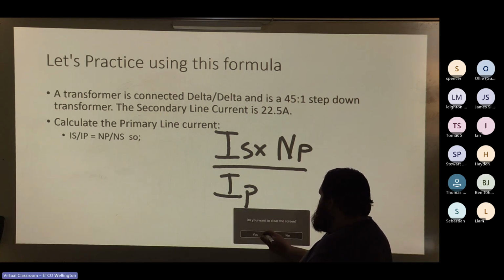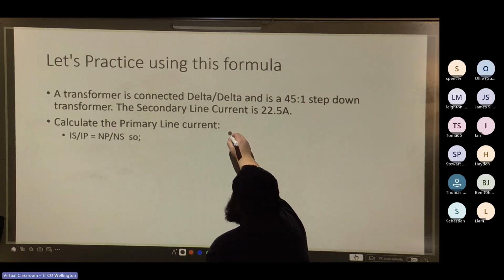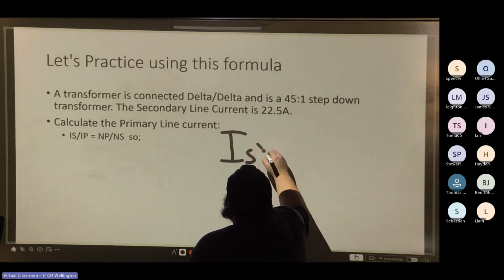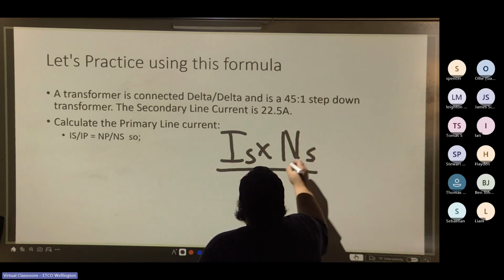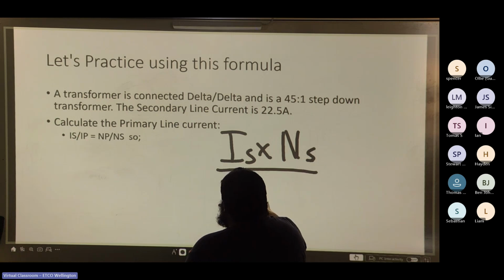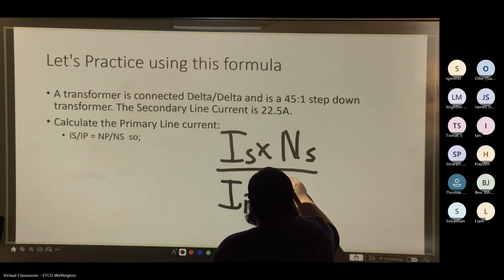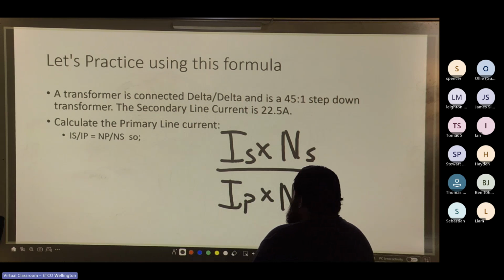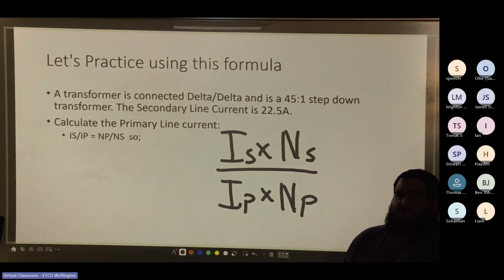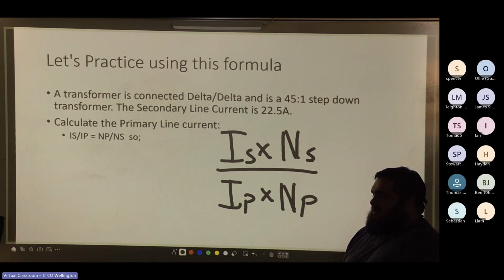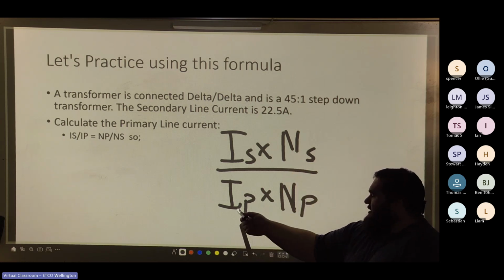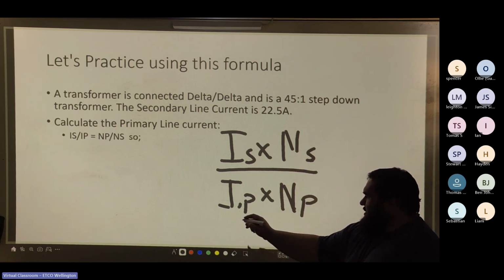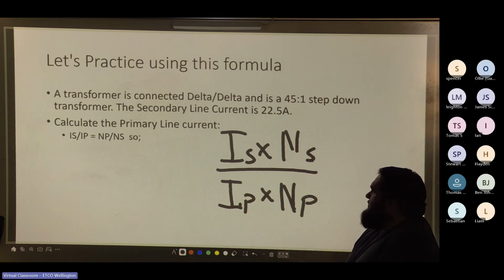No, I made a mistake there. Sorry. When you cross multiply, it'll be I secondary times number of turns in the secondary, equals primary current times the number of primary turns.